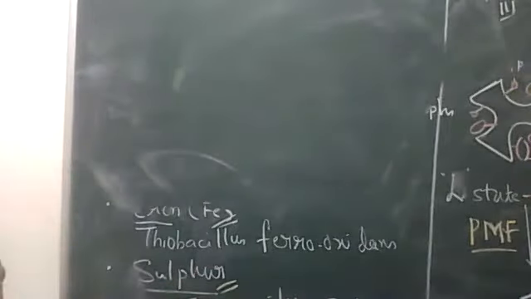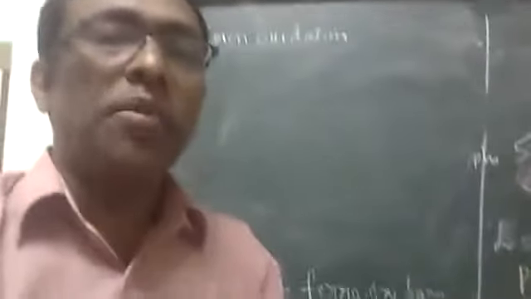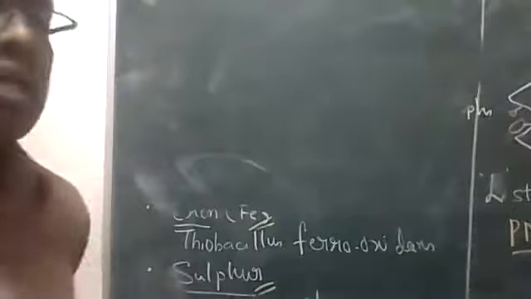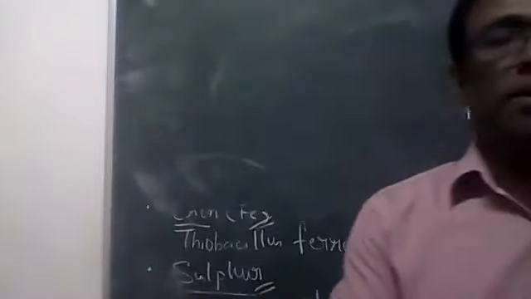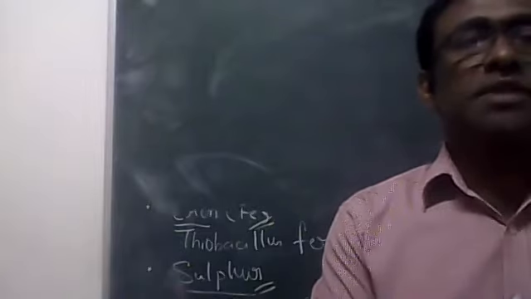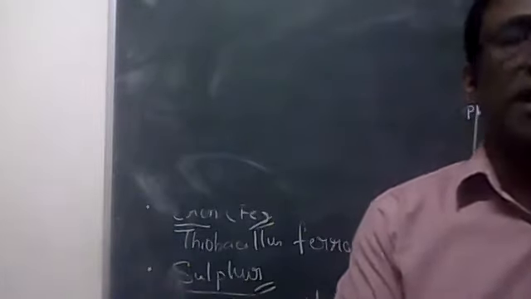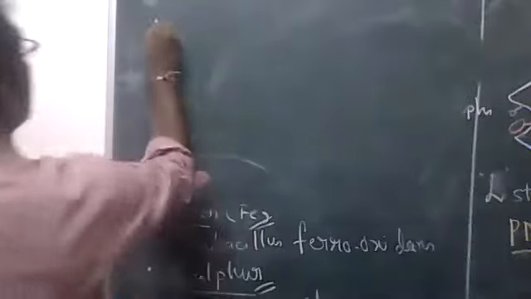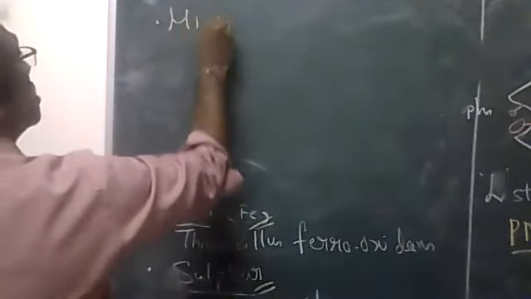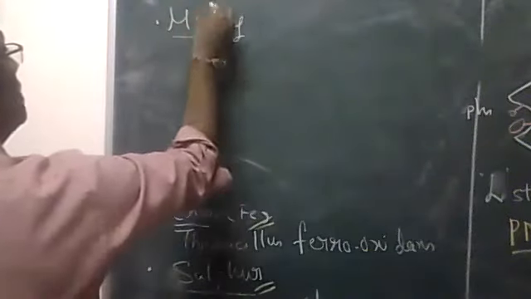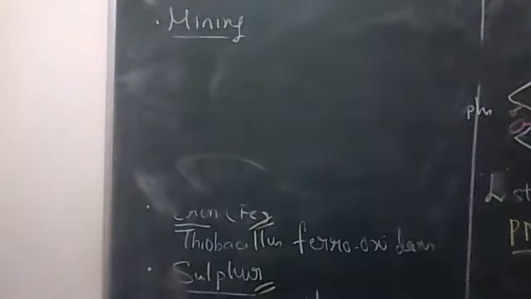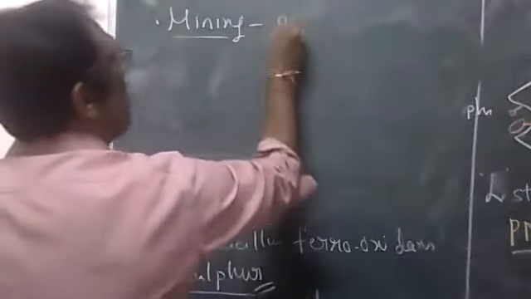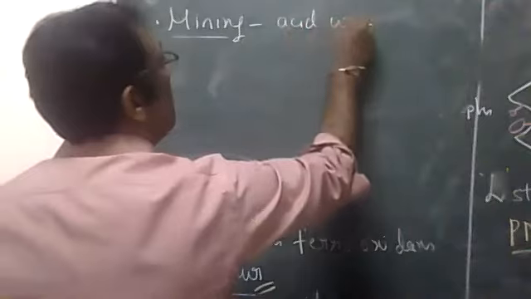Remember, in this topic I'm talking about Thiobacillus peroxidans. This bacteria is usually found as one of the organisms in acid waters, acid mine waters. So I'm talking about the mining process, application of the technique. When they do mining, there are some acid waters coming up.